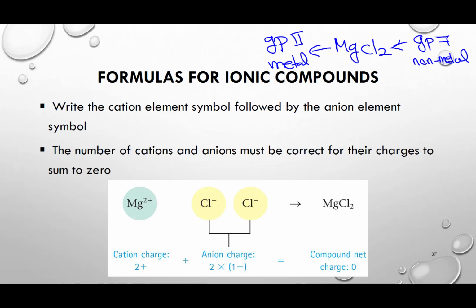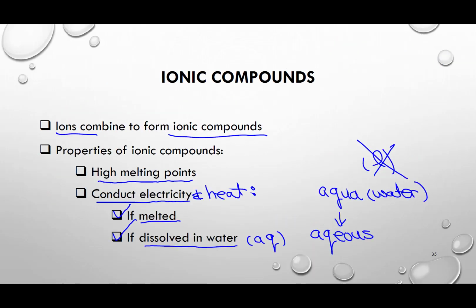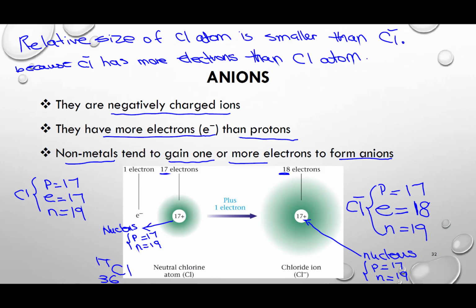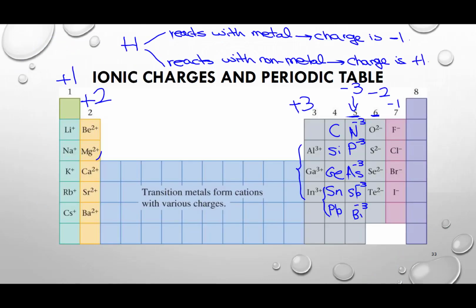Okay. Now, what does it mean that the sum of the charges is 0? Let's go back to our periodic table. We can do it right here. Okay, magnesium is right here. It's in group 2 and it's a metal. Then you should know its charge becomes positive, and since it's in group 2, it becomes +2. Now look at chlorine. Chlorine is right here.